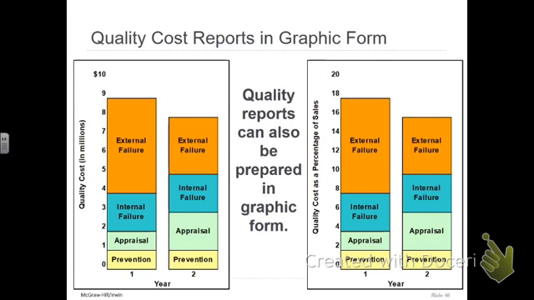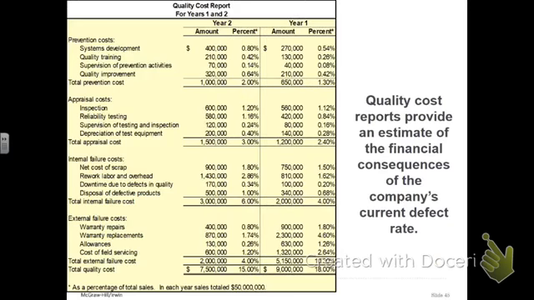Okay. A lot of times they may also prepare it in graph forms. There are a number of us, and in fact there's some students here in class, I'm sure, that look at all these numbers and go blah, blah, blah. Yeah, just a lot of numbers, just a lot of percentages.